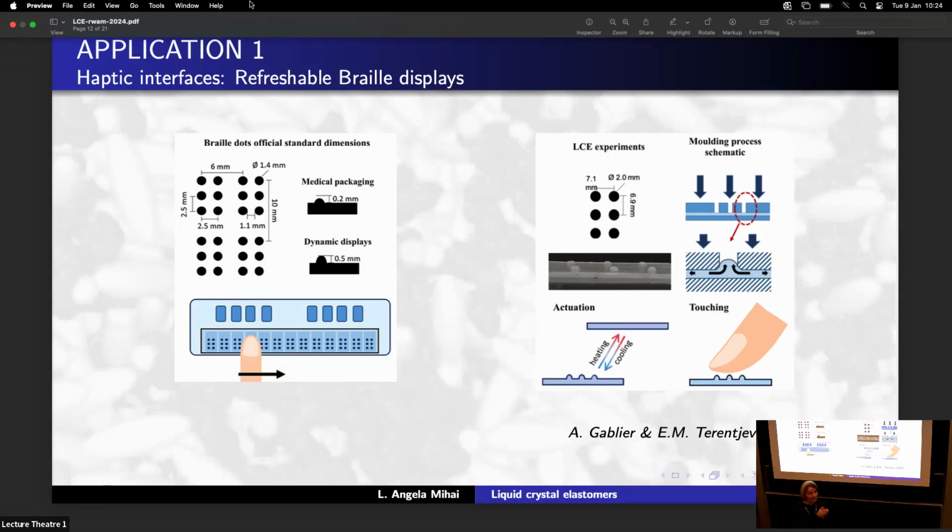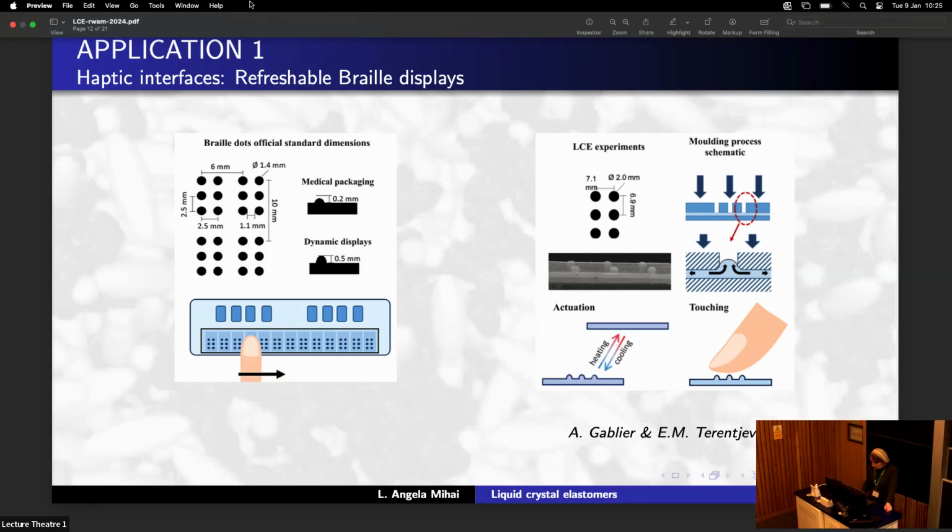Liquid crystal elastomers can remember the nematic order from cross-linking at the correct temperature, so the dots can be generated by changing the temperature, probably with an electric field or something similar. Okay, so how did these experiments happen?